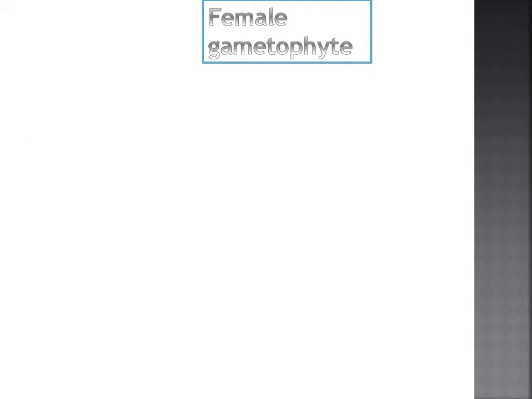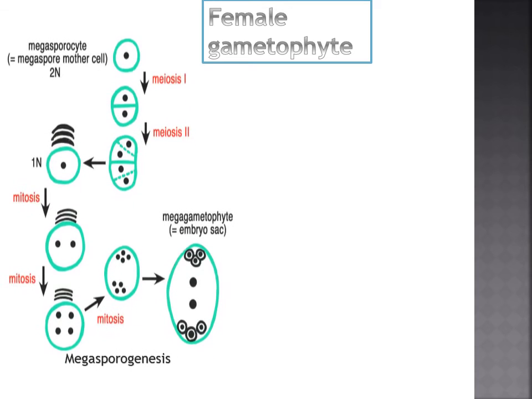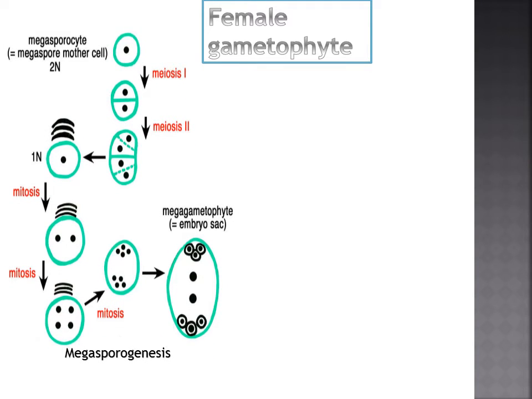Now next one is female gametophyte. Generally megaspore mother cells are diploid in nature. They perform meiosis and produce 4 haploid megaspores. From that only one can survive and the remaining degenerate and disappear from the embryo sac.